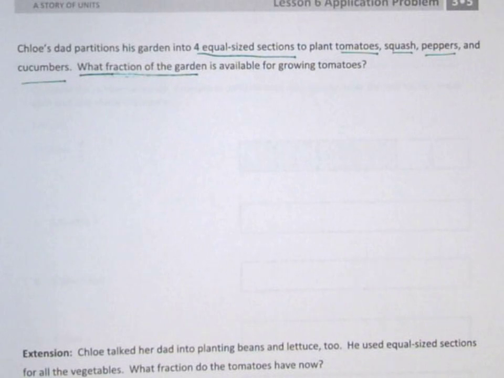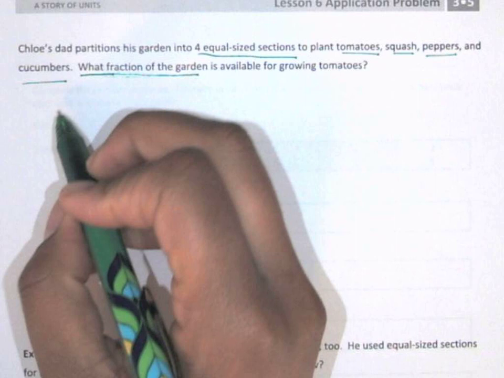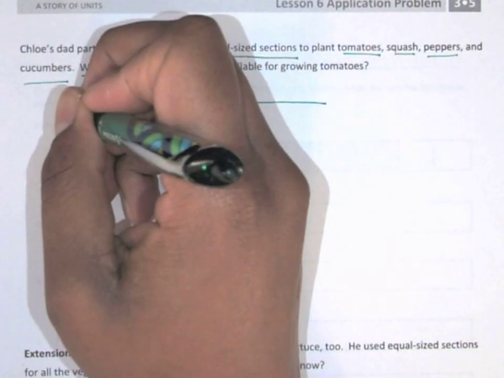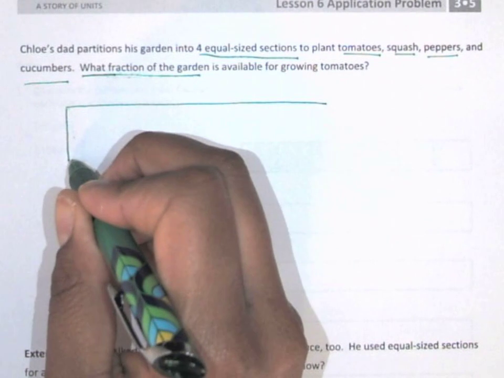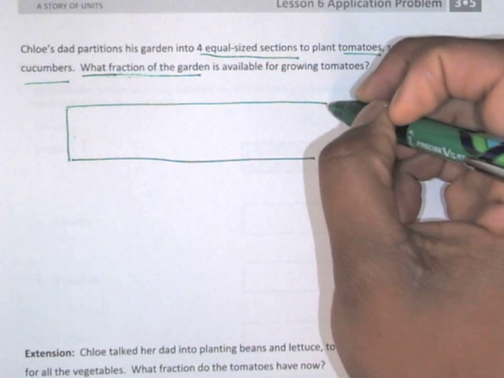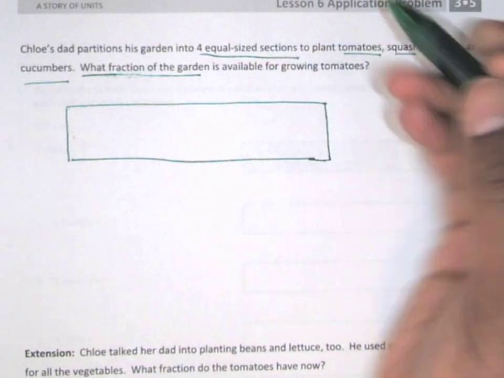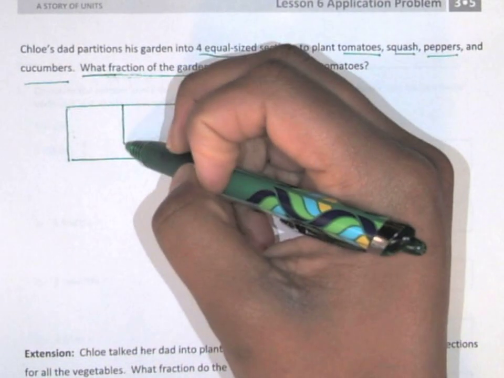Alright, so it says Chloe's dad partitions his garden into 4 equal size sections to plant tomatoes, squash, peppers, and cucumbers. So I'm going to go ahead and draw that. I want to draw a rectangle that has how many parts? 4 equal size parts.